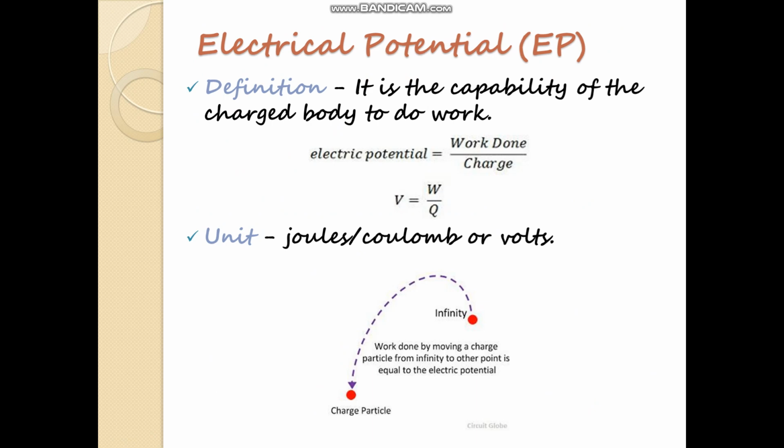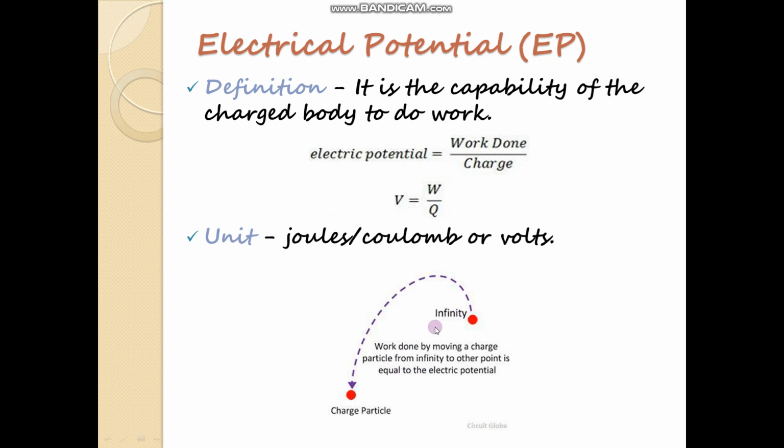The second term is electrical potential. So what is the potential? Have you heard that most people say, I have the potential, I can do this work? Likewise, what is the electric potential? It is the capability of a charged body to do work. Fine.